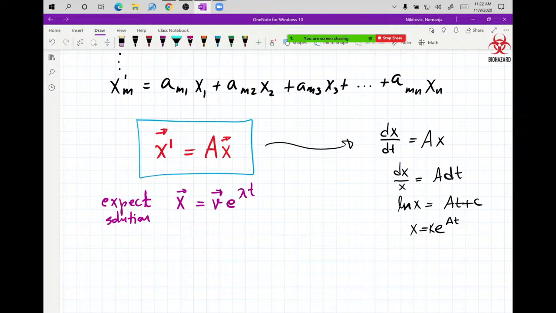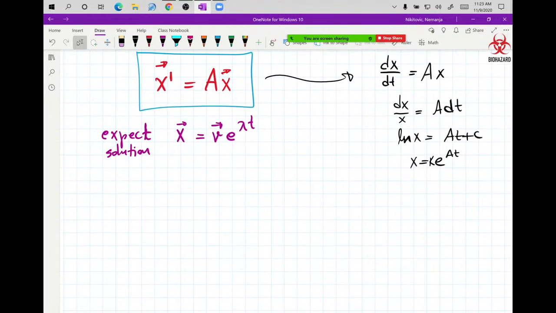So now what I can do is replace all of these values and see what kind of formula I get. Now this is a little bit of theory and derivation. So my x prime is equal to lambda times vector v times e to the lambda t.